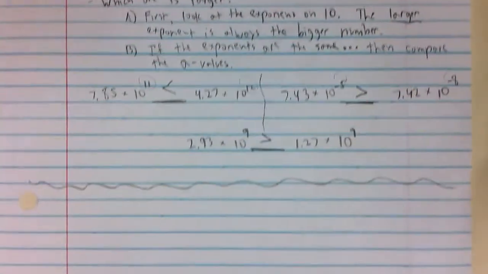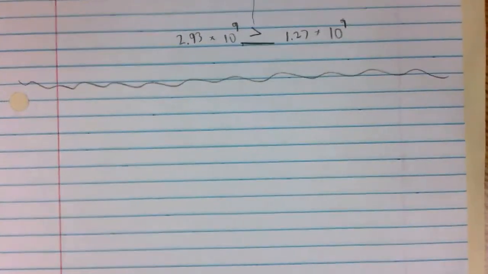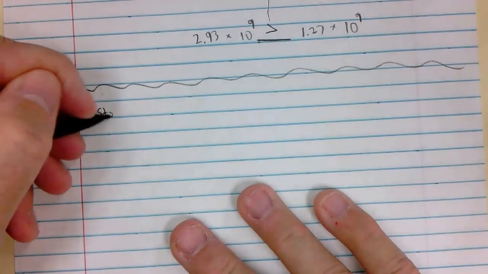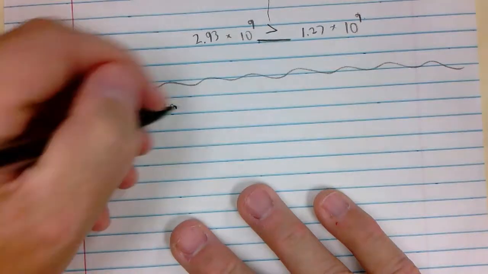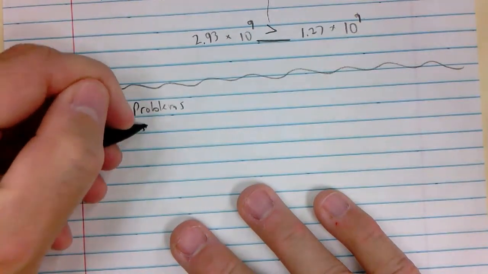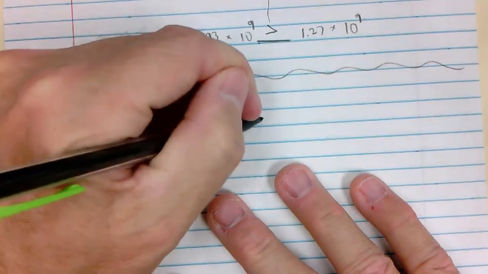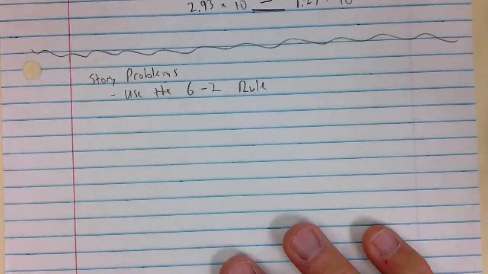All right, besides that, I have one big tip for you when doing story problems. And here is my tip. Use the 6-2 rule. Now, what is the 6-2 rule?